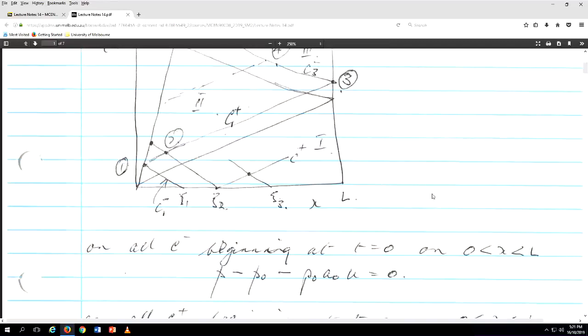Do you understand? Could you explain what a characteristic is again, please? Yes, it's a particular curve along which P and U behave in a particular way. Namely, that on a C minus characteristic, P minus P naught minus rho naught A naught U is a constant. And so we have to work out what the constant is.